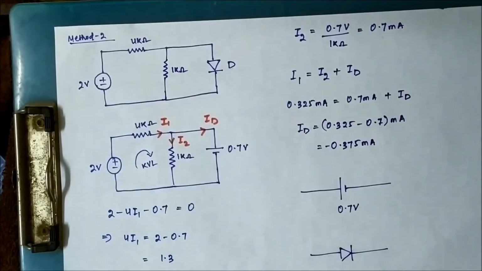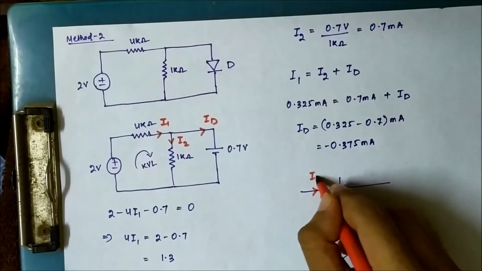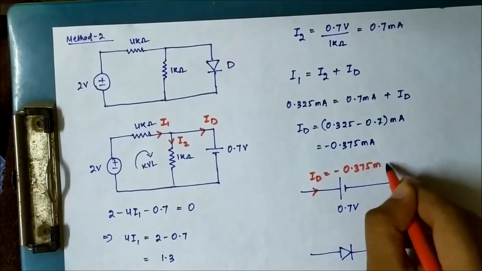Here we found the current flowing into the diode is negative current.